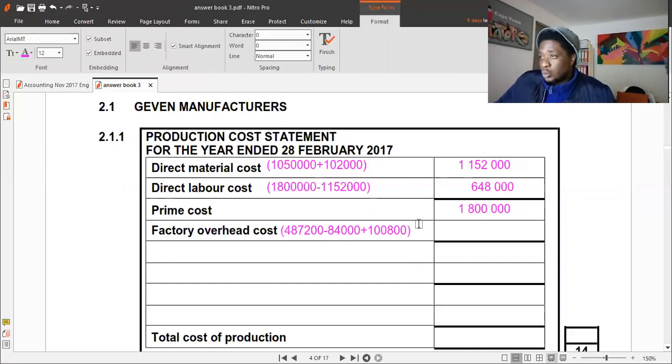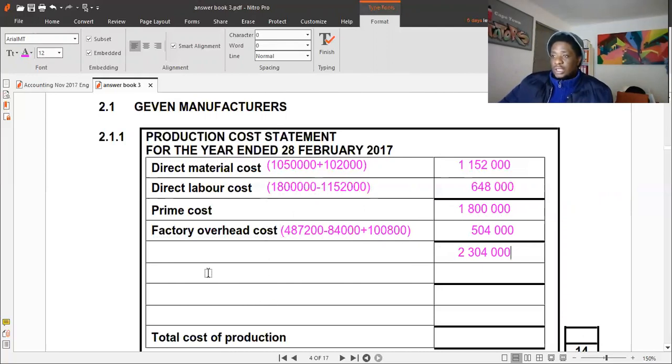And then we would end up with 504,000 for factory overheads. Then we would add prime cost plus factory overheads, and what we would get then is 2,304,000.